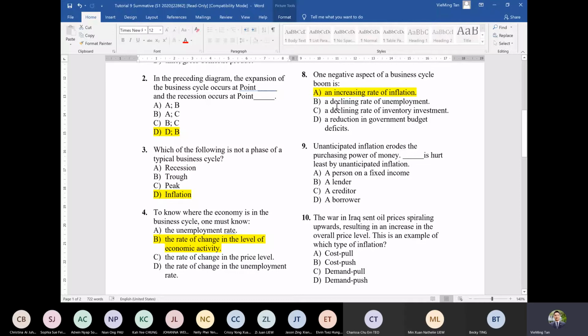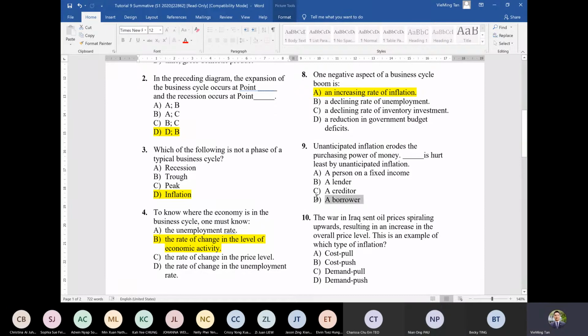Number 9, Nianpong. Anticipated inflation erodes the purchasing power of money. A borrower is hurt least by an anticipated inflation. So the answer is borrower.